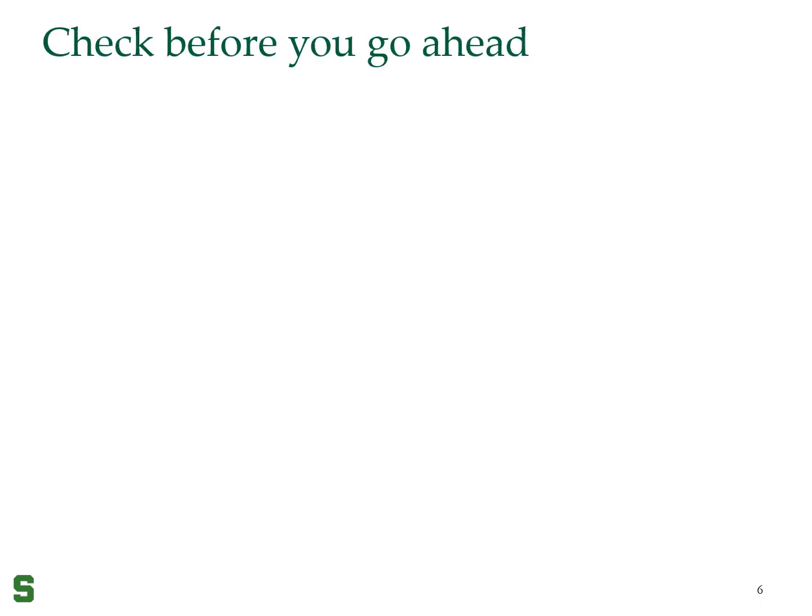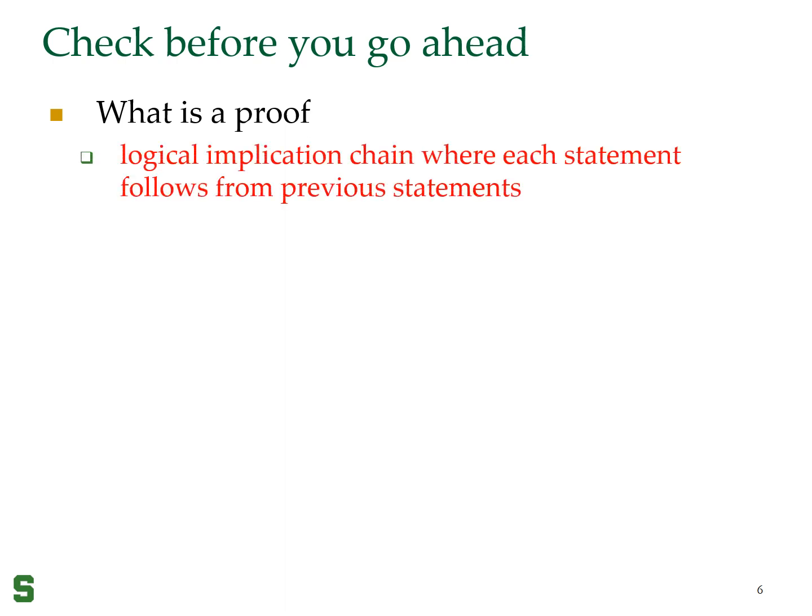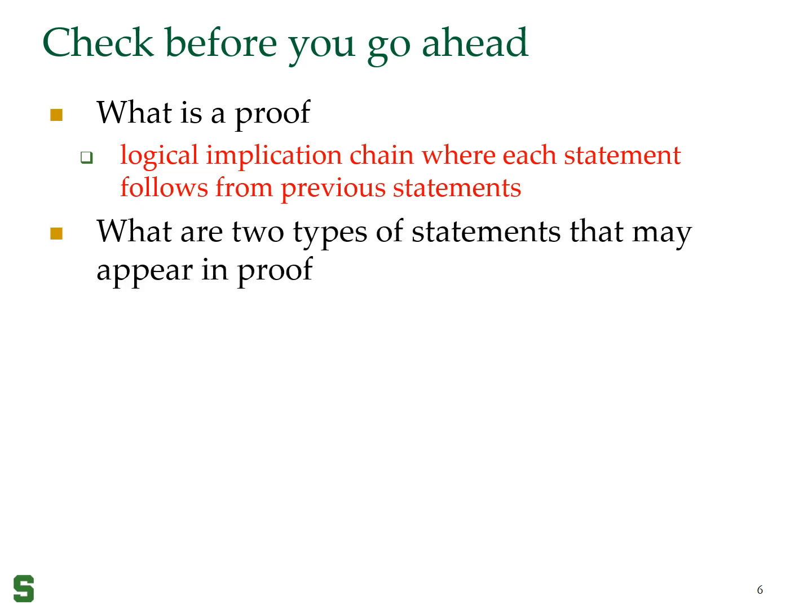Once again, we have reached one of these check-before-you-go-ahead slides. What I want you to get from this module is, what is a proof? A proof is a chain of logical implications where each statement follows from the previous statements. I want you to know the two types of statements that can appear in a proof.